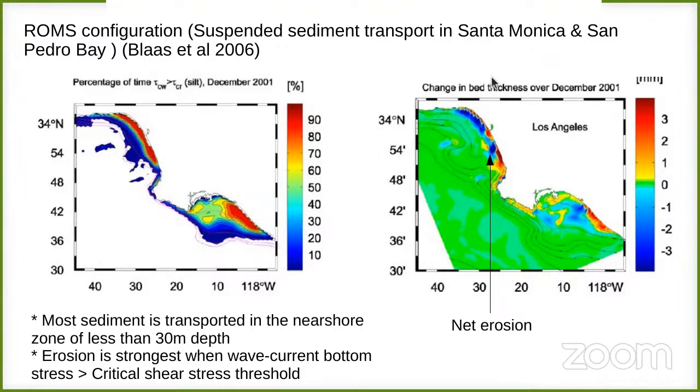But anyway, you can see the evolution of bed thickness, and you have some information of net erosion in this region. And this is the kind of diagnostic you can do with the USGS module, but also the MUSTANG module. And I think it is the last one, yes.